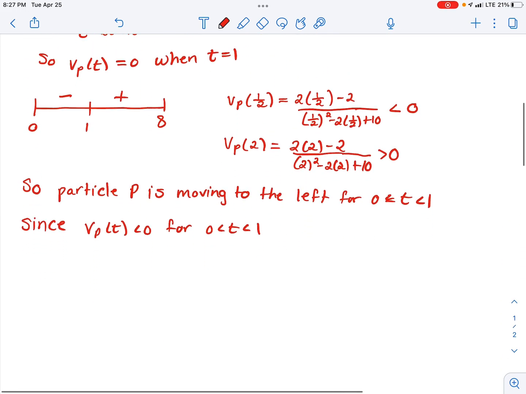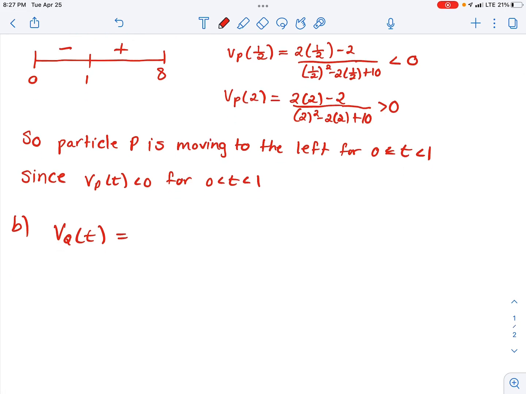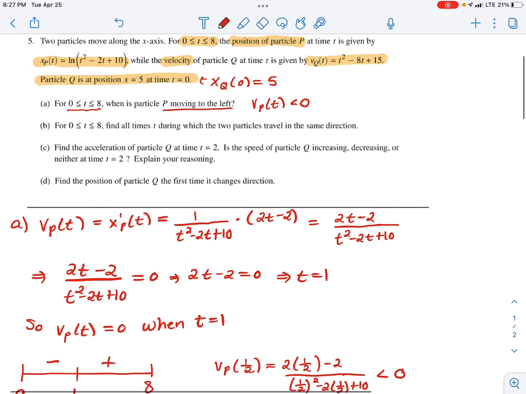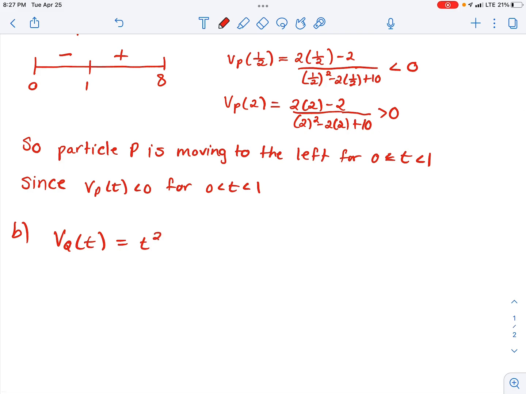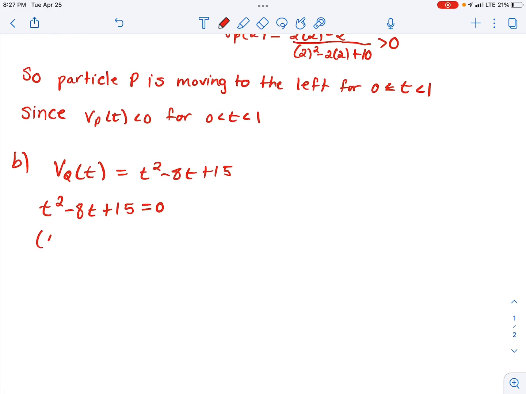Okay, so in part B, we would have VQ of t is equal to t squared minus 8t plus 15. So t squared minus 8t plus 15 equals 0. And then we can factor this.